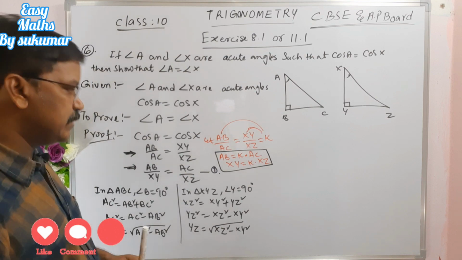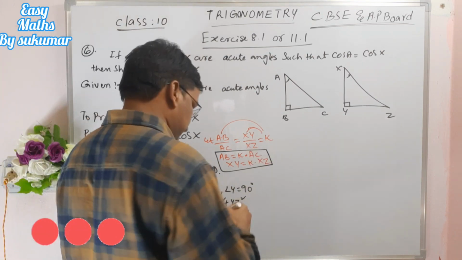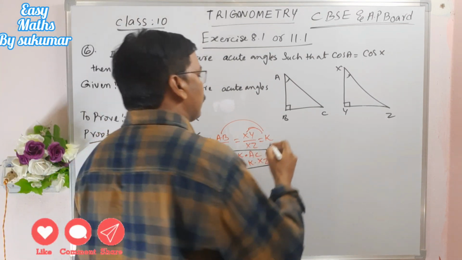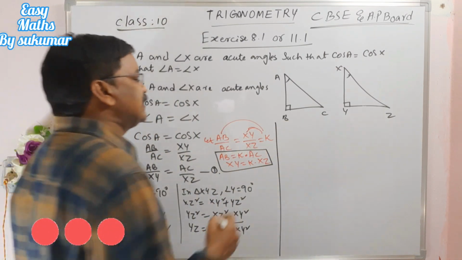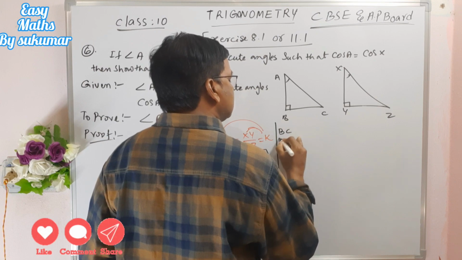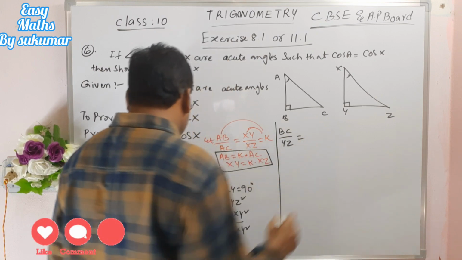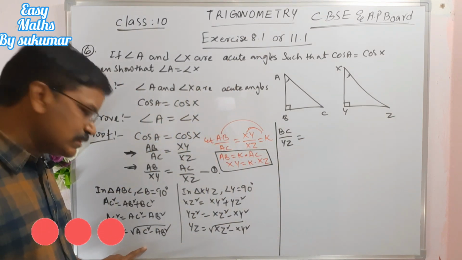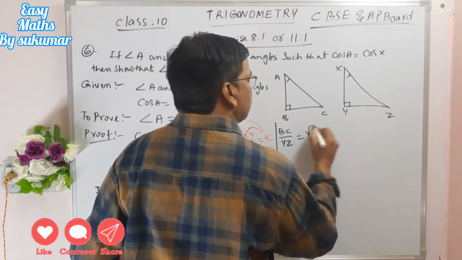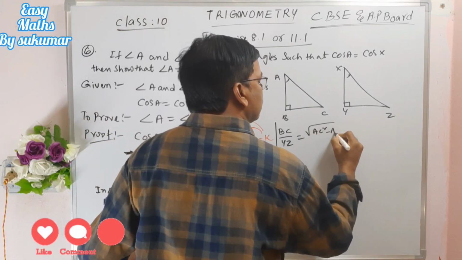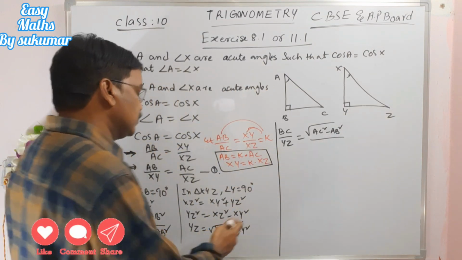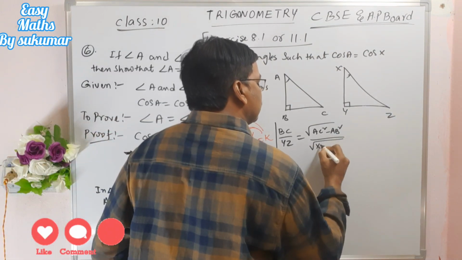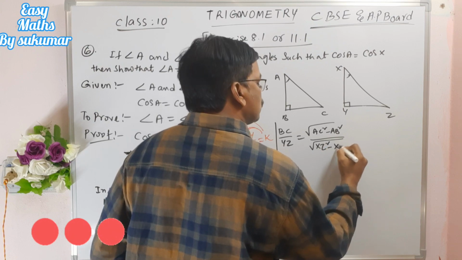Now the next step, let us divide BC by YZ. So what is BC, my dear students? Root of AC square minus AB square, divided by, what about YZ? YZ means root of XZ square minus XY square.